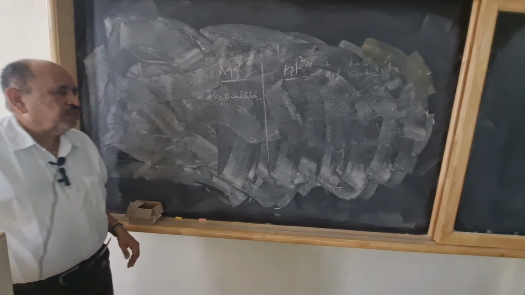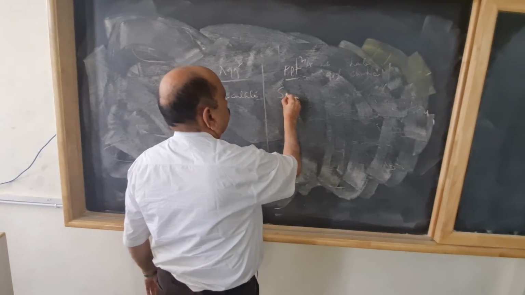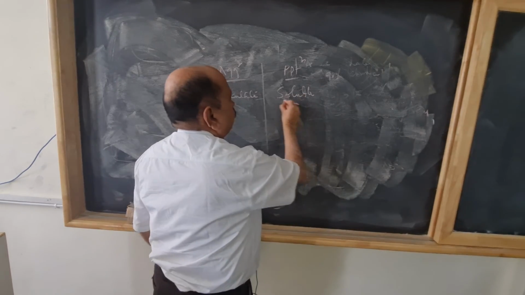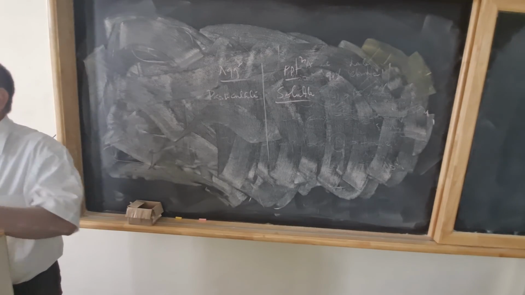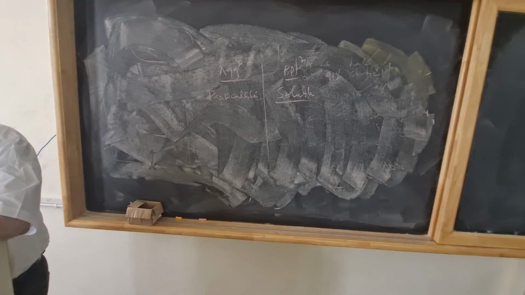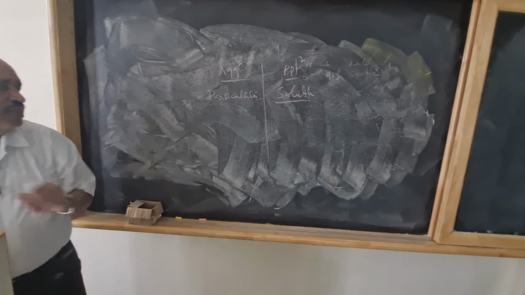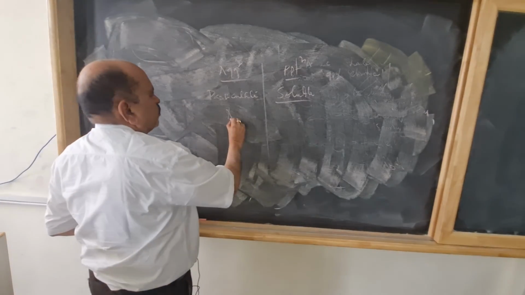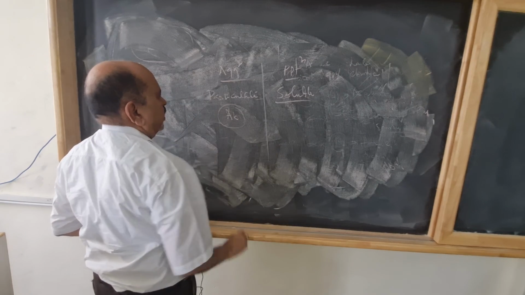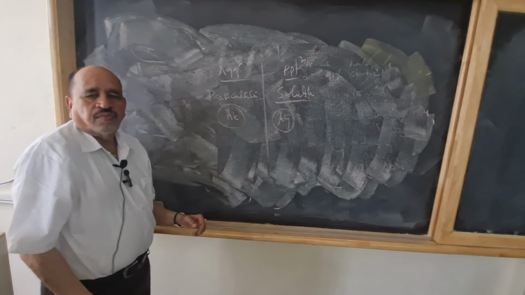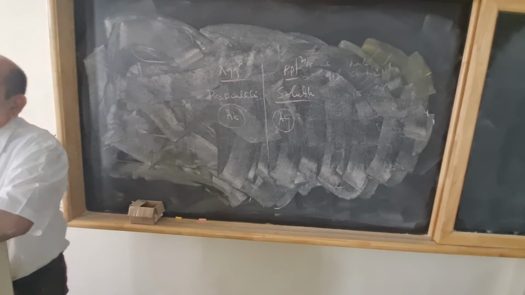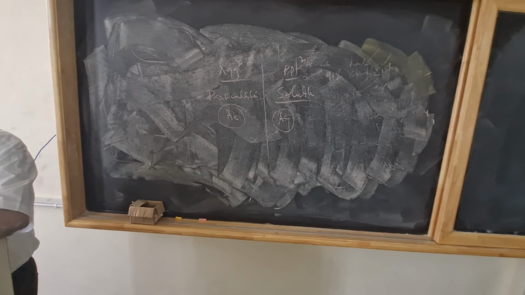Precipitation occurs when the antigen is soluble in nature. Agglutination is good in detecting antibody. Precipitation is good in detecting antigen.